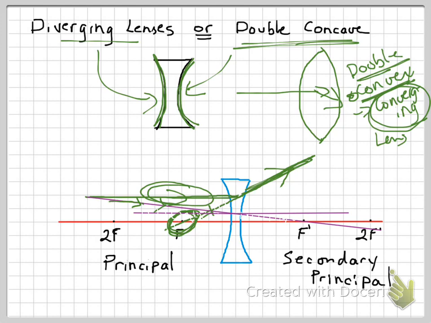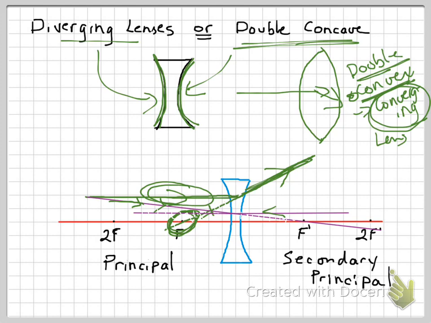It refracts, so it is now parallel to the principal axis on the secondary side. That line is then extended backwards and becomes virtual on the object side. We're going to use those two rays to help locate where the object's image is going to be in the next slide. But it's that kind of location that we would use for our diverging lens.